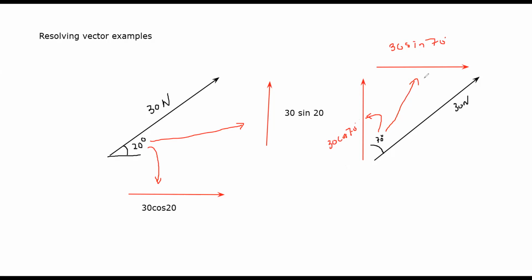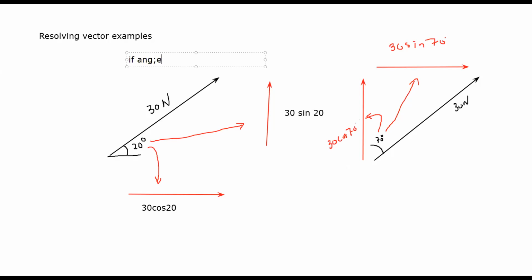If the angle with the x-axis or horizontal is given, then the horizontal component is written with cos and the vertical is with sine. Let me write it here.